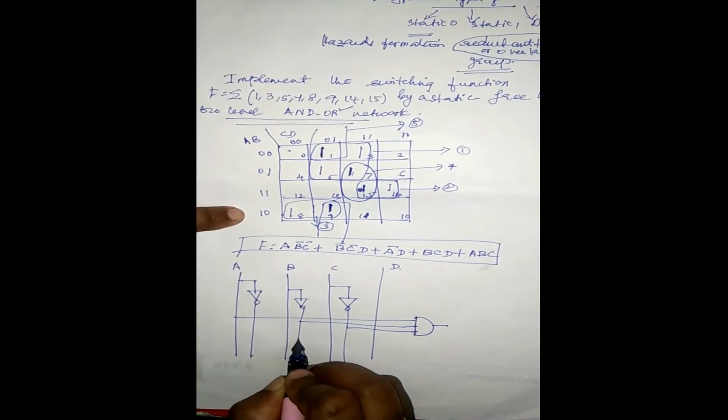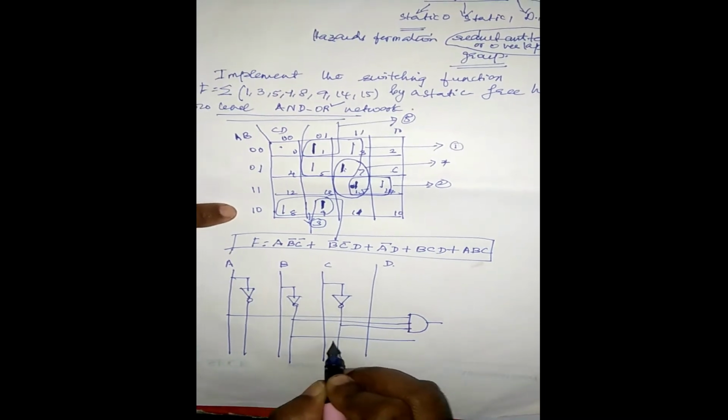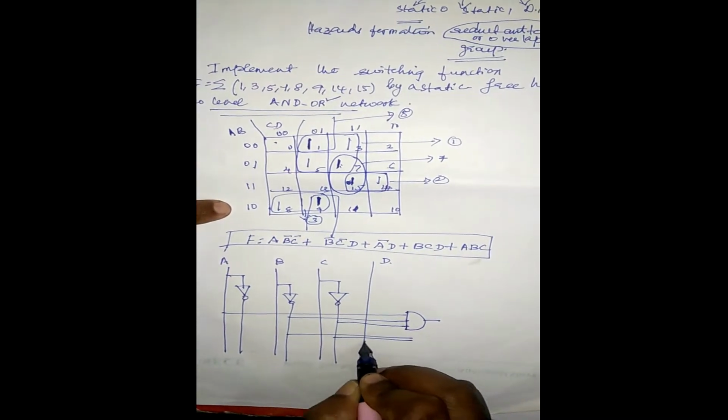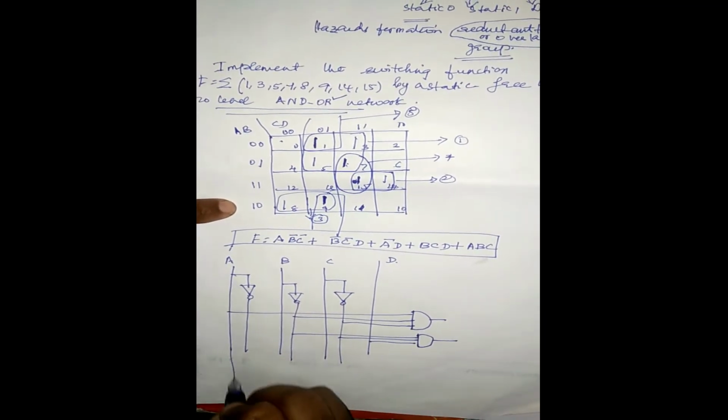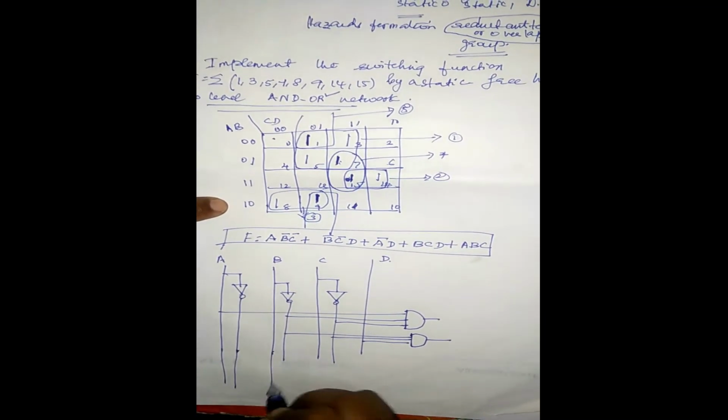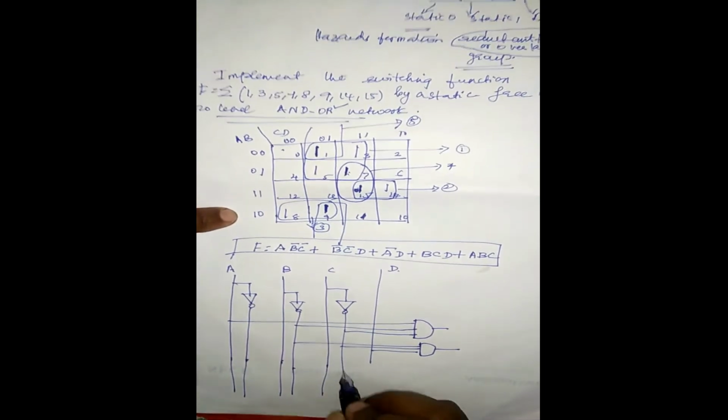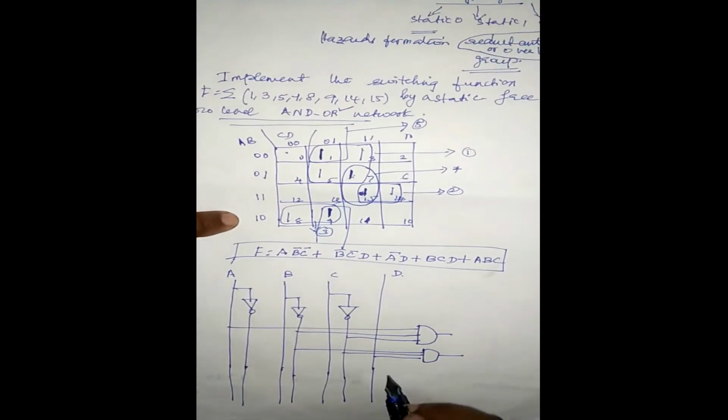My next term is B bar, C bar and D; this is my second term. Let me extend this line because there are 5 expressions.